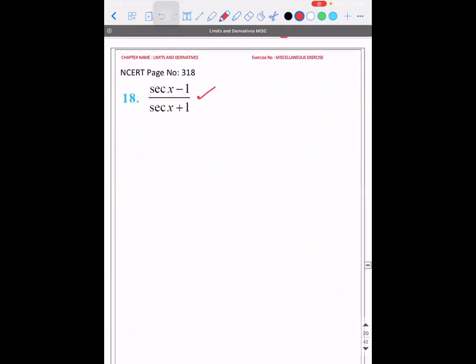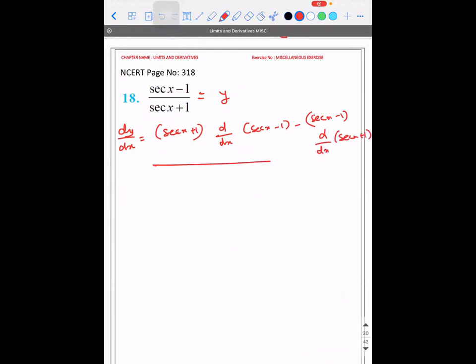So secant x minus 1 by secant x plus 1. This is y. So what is dy by dx? Secant x plus 1 into d by dx of secant x minus 1 minus secant x minus 1 into d by dx of secant x plus 1, the whole divided by secant x plus 1, the whole square.